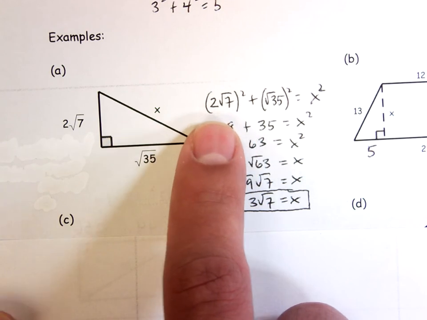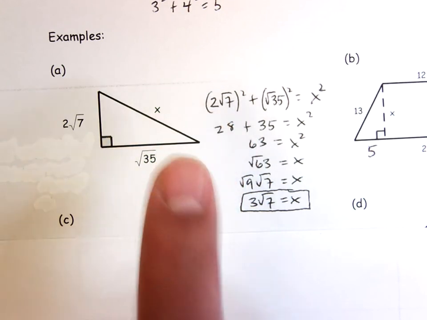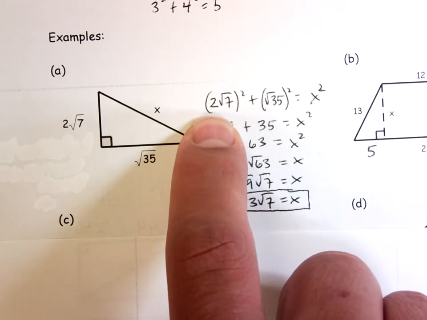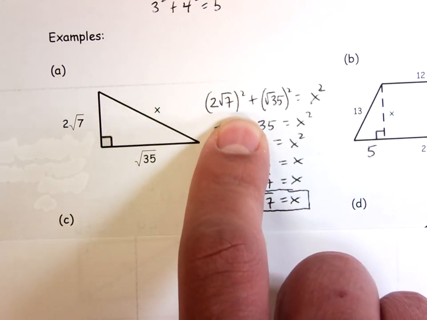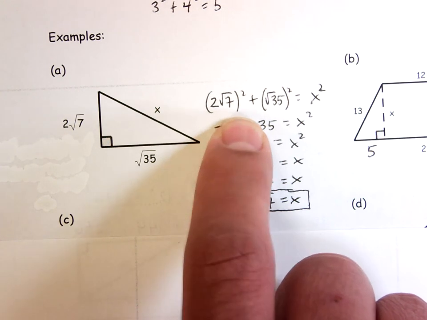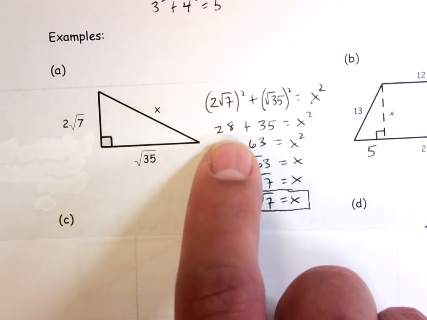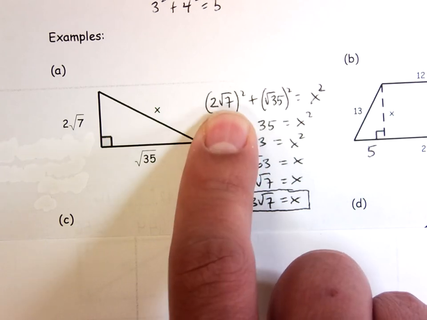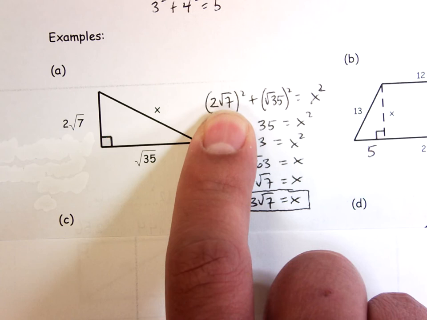I multiply the two numbers that are outside together and the two numbers that are inside together. So I can do 2 times 2, that's 4. And then root 7 times root 7 is root 49, and root 49 is just 7. So I'll take 4 times 7, which is just 28. So that's where this 28 is coming from. It's just taking 2 root 7 and squaring it, like we did in class the other day.